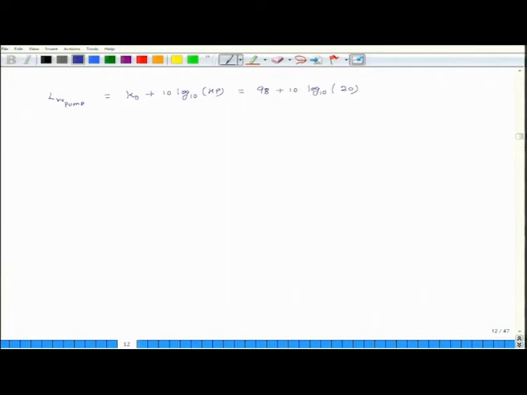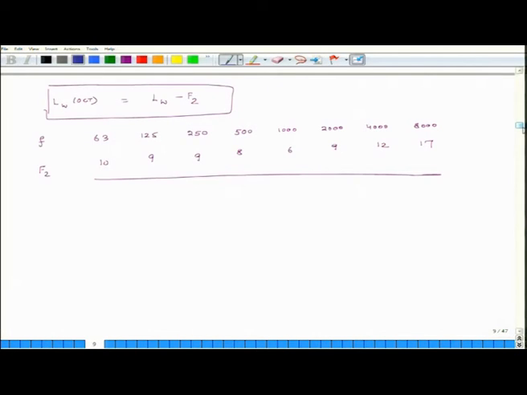Our next step is to compute LW pump for each octave band, and that we know is equal to LW minus F2, and the value of F2 is given in this table.